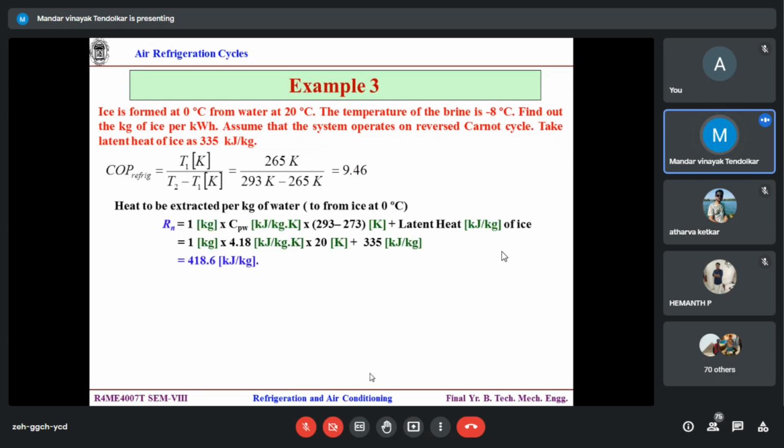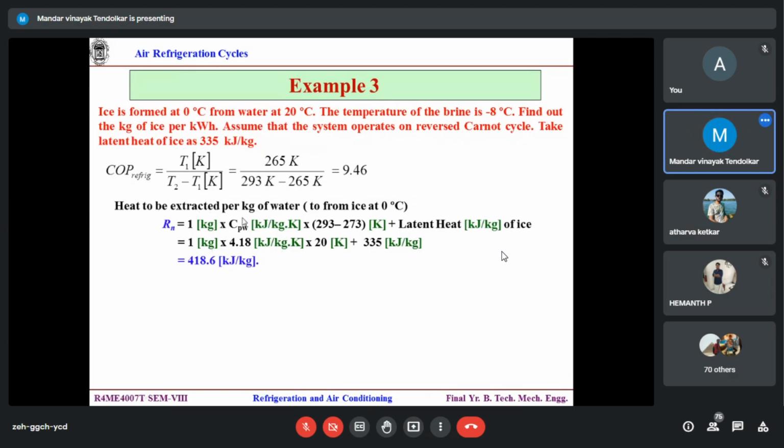Now, why am I using this particular system? Heat is to be extracted from the water at 20 degrees. So water 20 to water 0, and water 0 to ice 0. So this is m equal to 1 kg, Cp of water into delta T, 20 to 0, plus the latent heat. Fine.